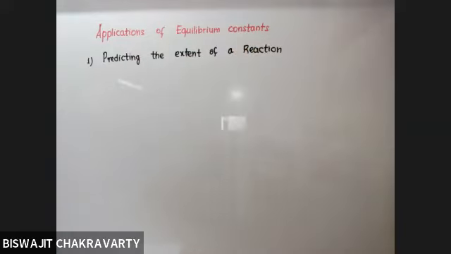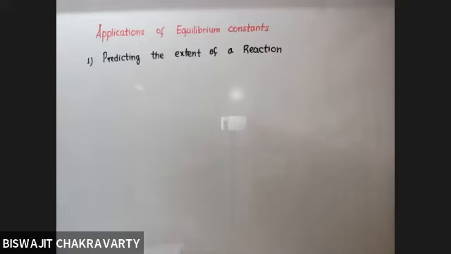Now what's the meaning of predicting the extent of a reaction? There are some reactions which attain equilibrium just after the reaction starts. Once equilibrium is reached, the reaction does not proceed further; it seems as if it has stopped, as the rate of forward reaction becomes equal to the rate of backward reaction.